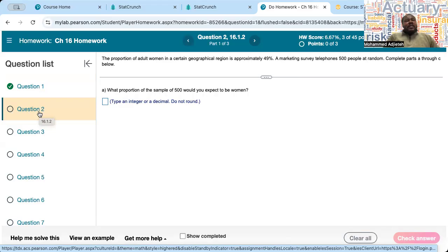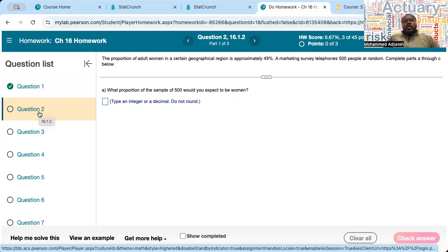Read the problem and then tell me what A should be. Why do you think it's 0.49? Okay.